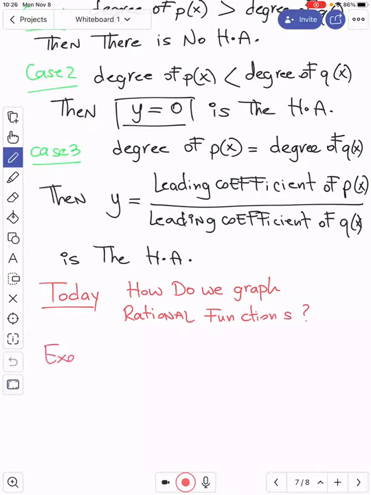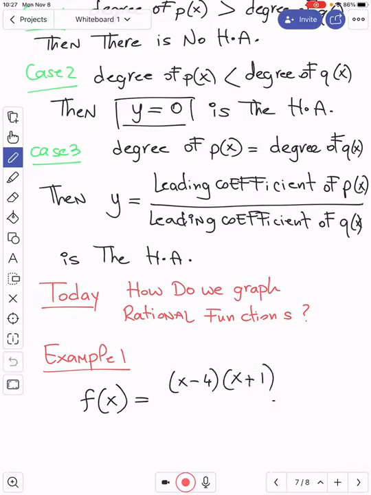So example 1. I'm going to take f of x equal to x minus 4 times x plus 1 over x minus 3 times x plus 2.